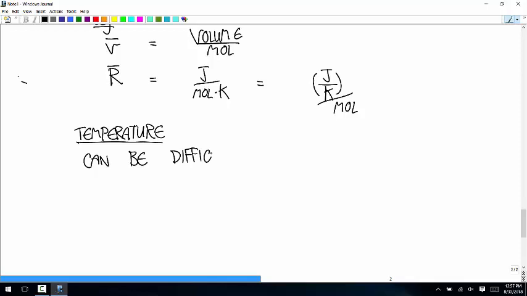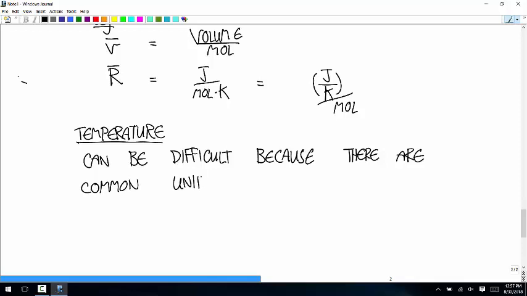So that can be difficult because there are commonly used units that don't agree on what zero temperature means.